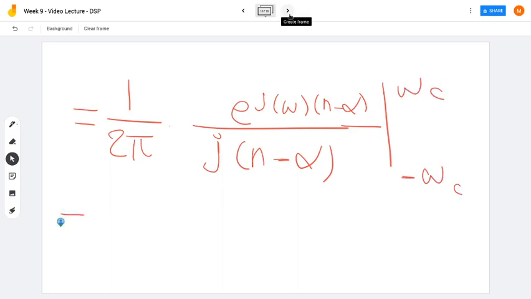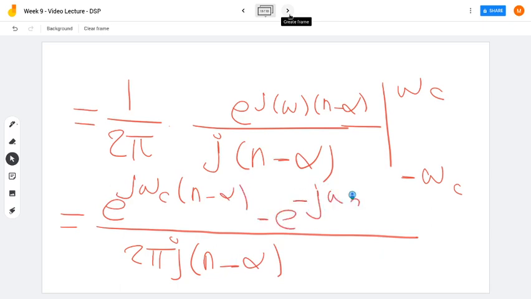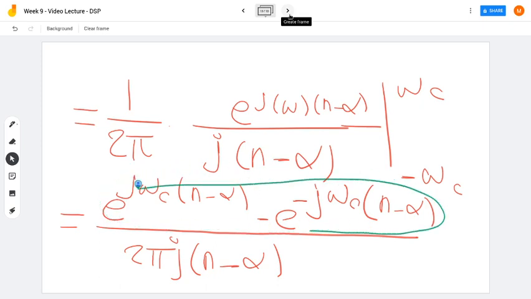This will be like this, 2 pi j (n minus alpha), and here we'll be having e to the power j omega c (n minus alpha) minus e to the negative j omega c (n minus alpha). And now these two exponentials together will give us 2j sine.